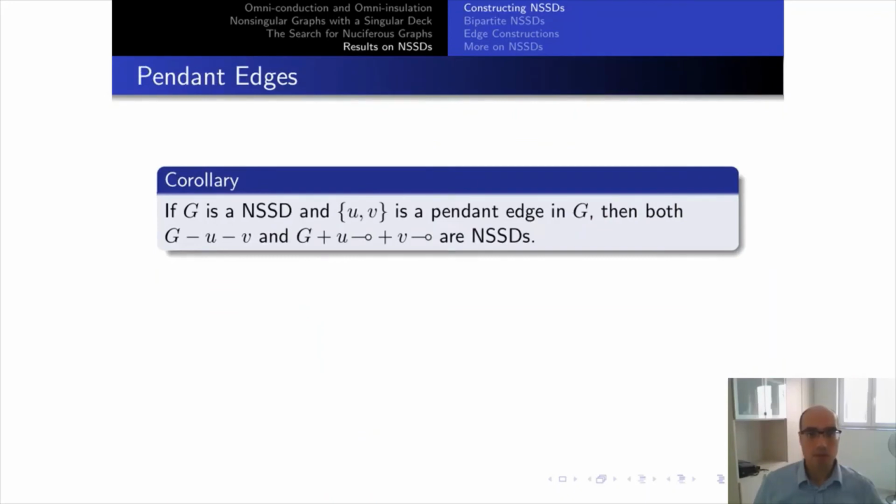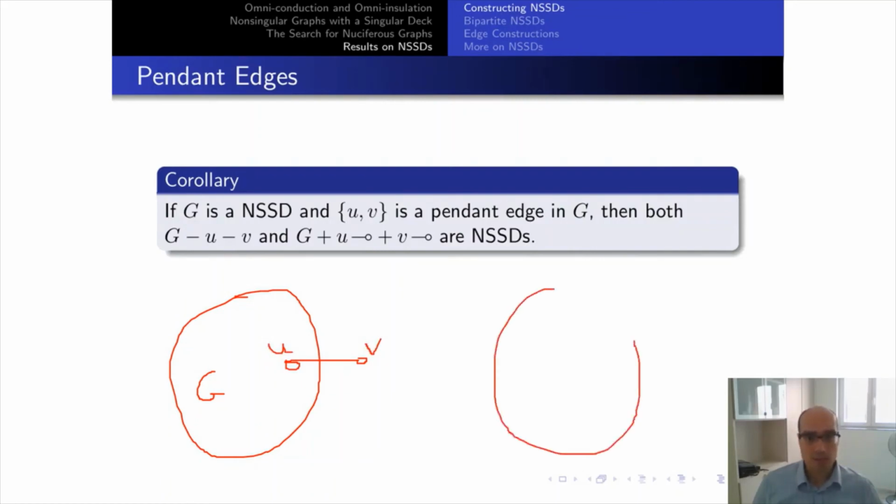As a corollary to this, if we have an NSSD with a pendant edge like we drew earlier, so we have a graph with a pendant edge, which is an NSSD like this, then both G minus U minus V and when you add the two pendant edges to U and to V, those are both NSSDs.